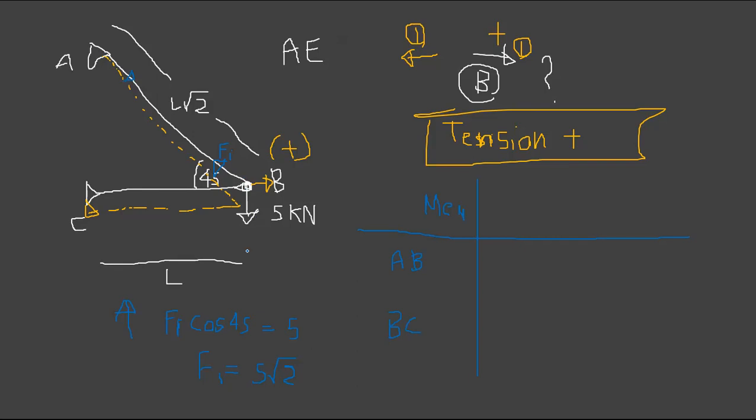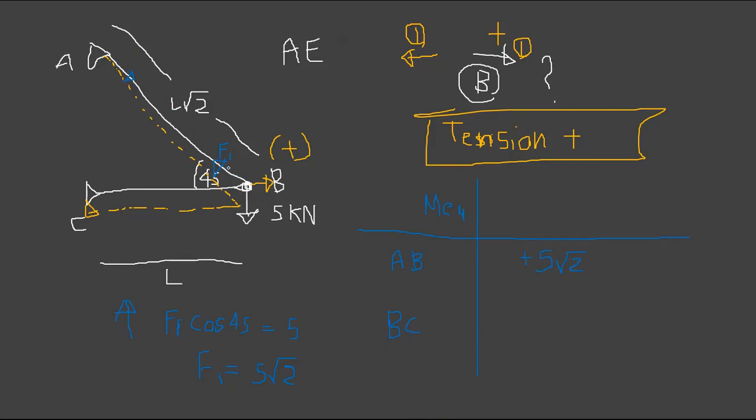So this load tries to pull this member. So the member force is positive 5 root 2, right?